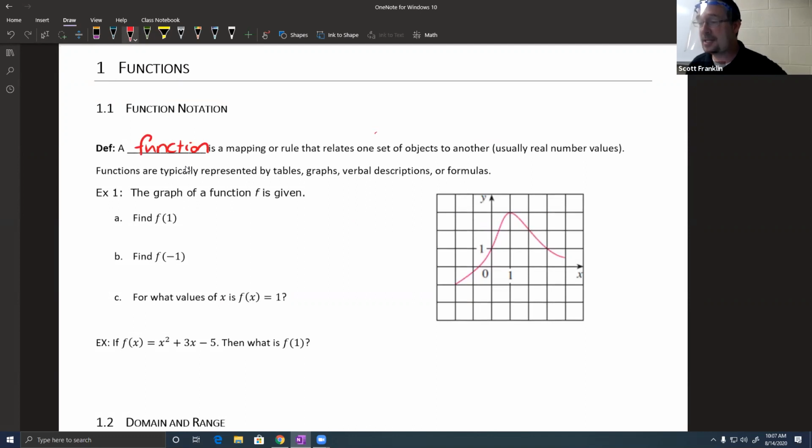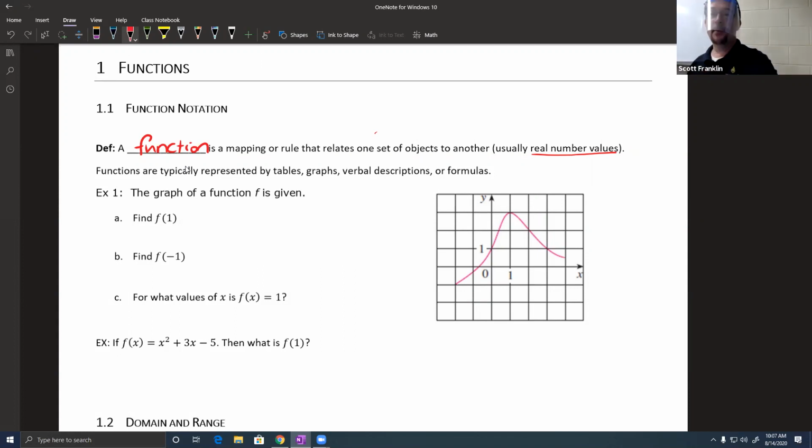A function is some kind of mapping or rule that relates one set of objects to another set of objects. But there's a special rule: every input to a function has exactly one output. Usually we'll be working with real number values instead of generic objects, but functions can take other functions as arguments. Functions can map matrices to other matrices.